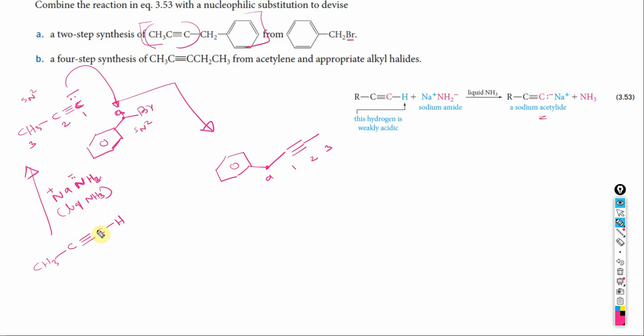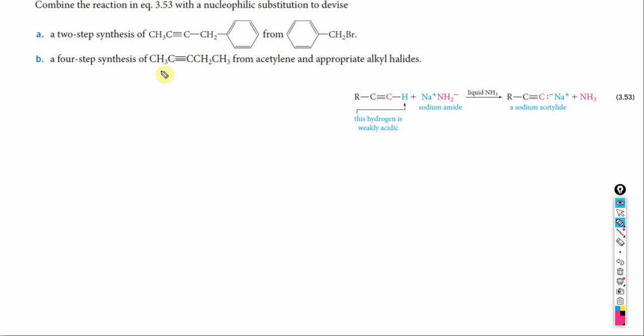So sodamide is a strong base that's used in liquid ammonia. You have the deprotonation, and this produces ammonia. NH2 minus abstracts the hydrogen here and becomes ammonia. Sodium becomes part of this organic anion, and that is now a nucleophile. It reacts with this carbon, the bromine leaves, and you get this, and then you get sodium bromide as a byproduct of this reaction. So that is the first part.